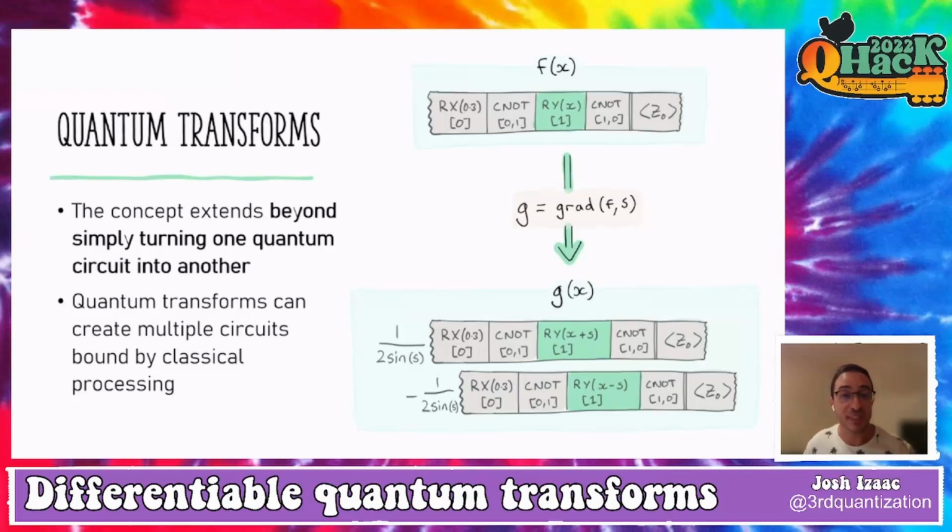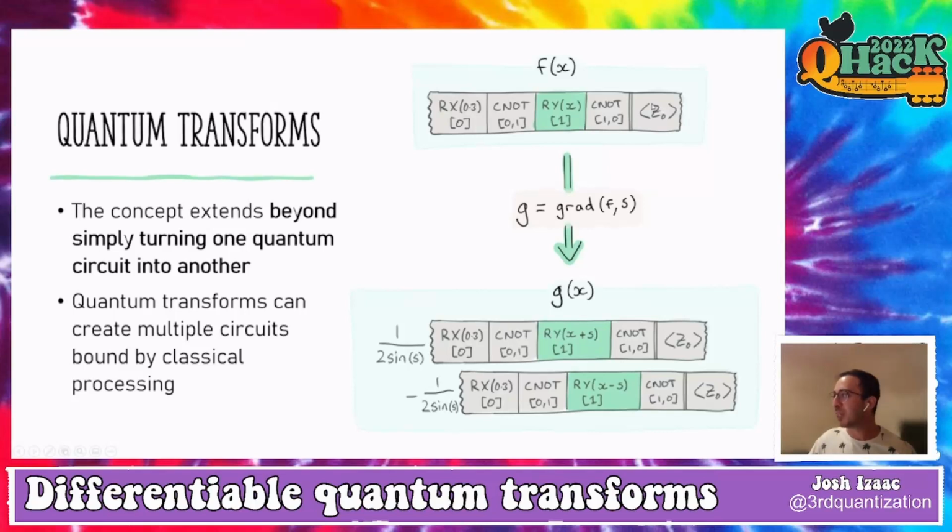One example of this is, for instance, the parameter shift rule that we discussed earlier. Recall the parameter shift rule is a way that we can take the gradient of a quantum function on hardware, and we do this by evaluating that quantum function at multiple parameter points and then taking a linear combination. Here we can visualize the parameter shift rule as a quantum transform.